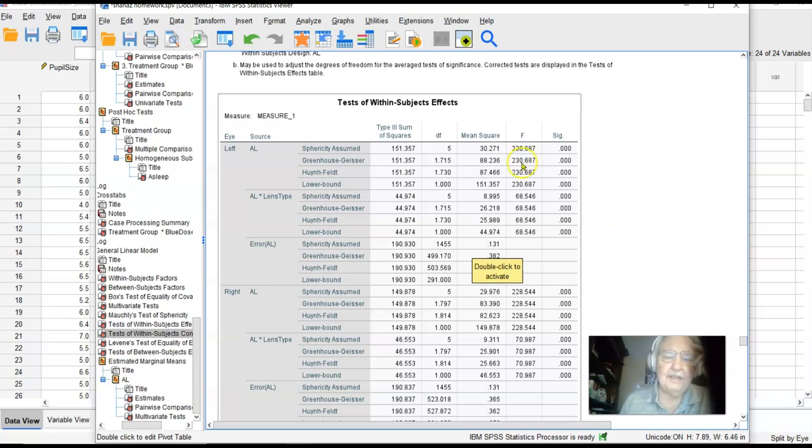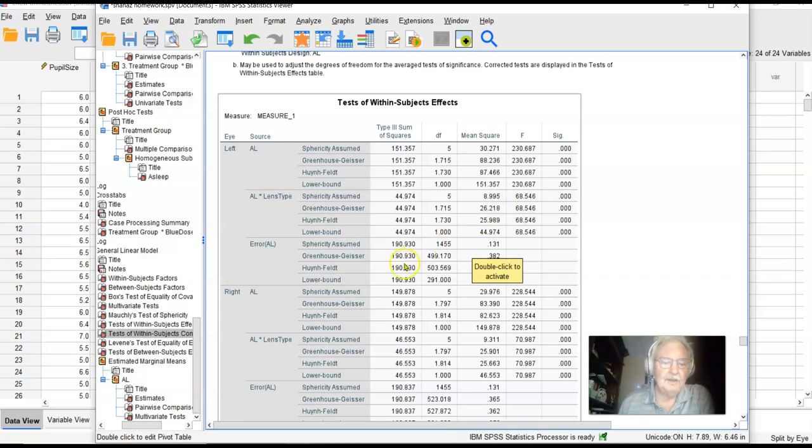And then the interaction, Greenhouse-Geisser mean square 26, divided by the mean square error, 0.38, gives us an F of 68.5. Still a pretty big F test. The null hypothesis is not really reasonable with this F size.